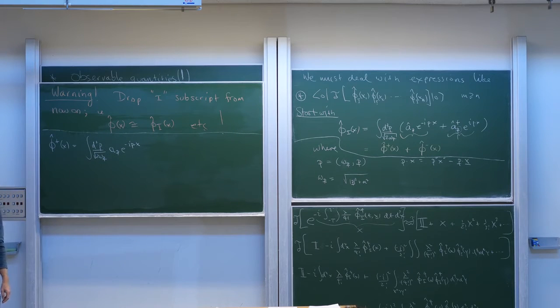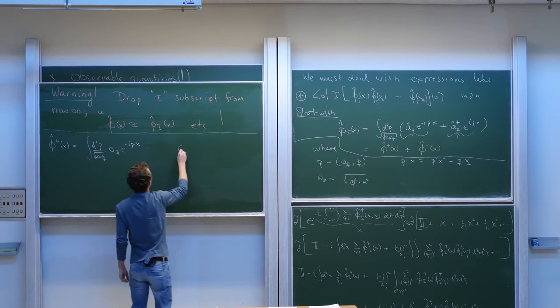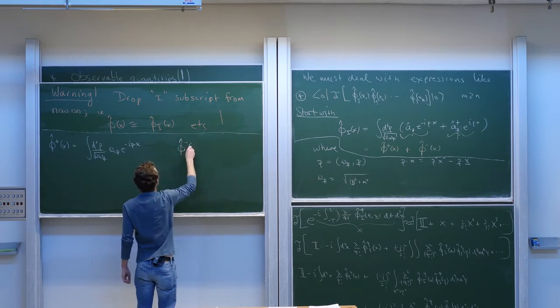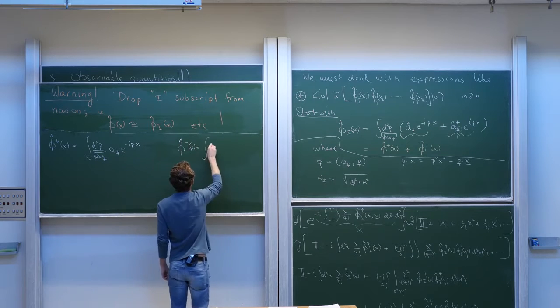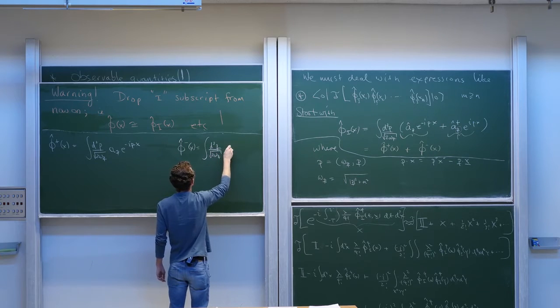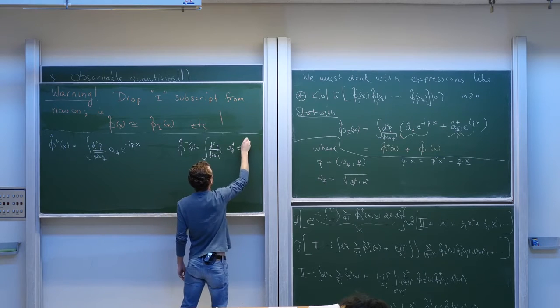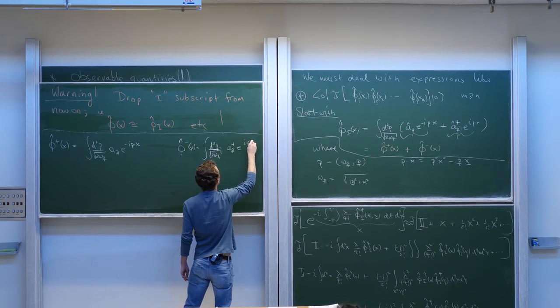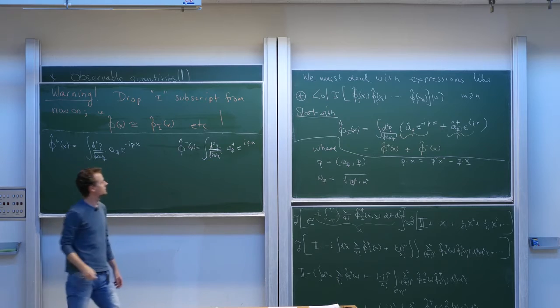It's just the first half of the expression for phi I. And phi minus is its adjoint. There we go, phi plus, phi minus.